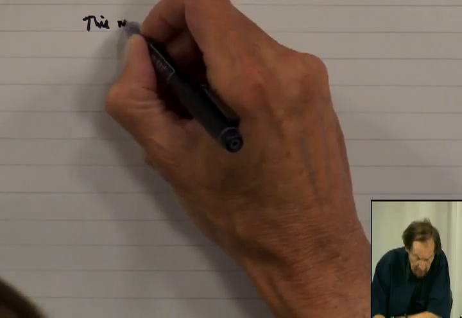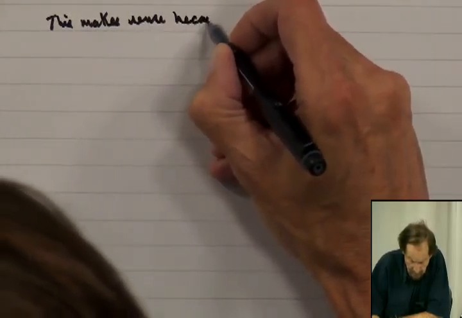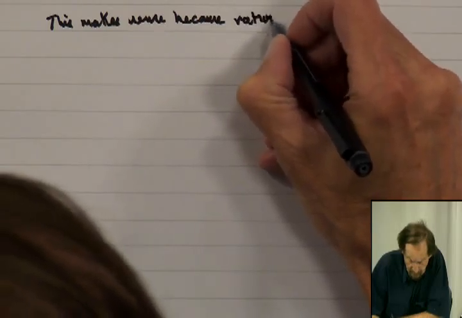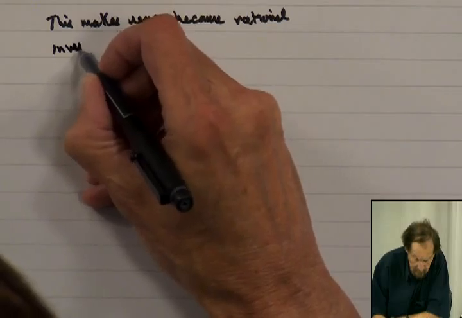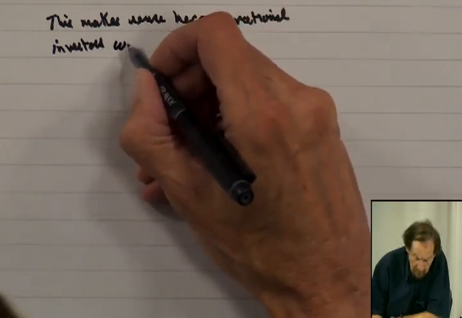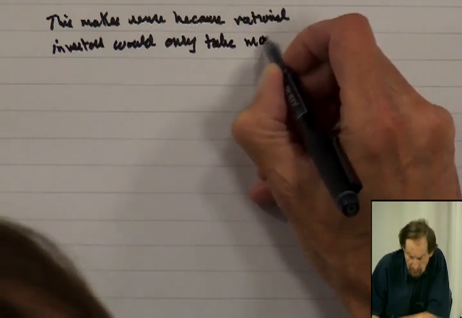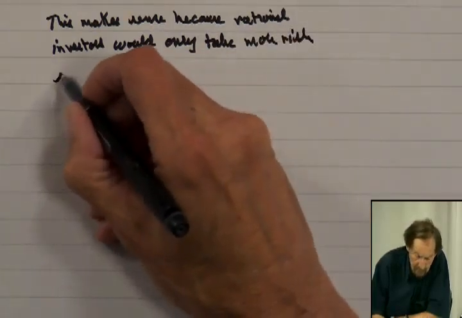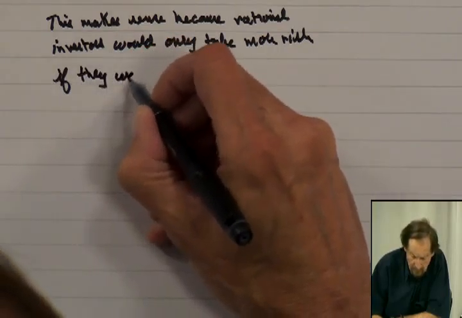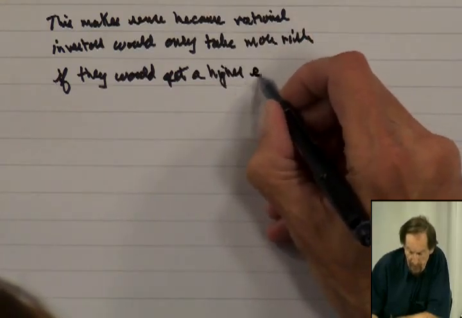And why does that make sense? This makes sense because rational investors would only take more risk if they would get a higher expected rate of return.